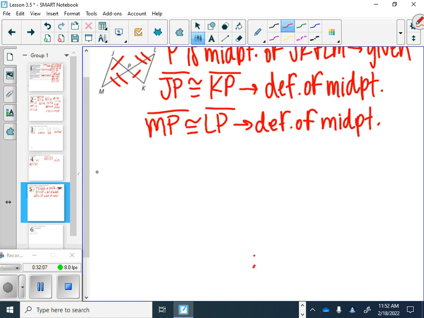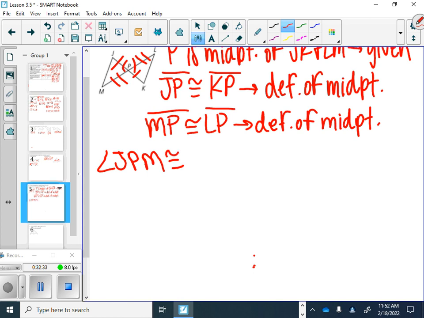Think about things we've talked about before, too. There you go. Okay. P is vertical. I've got intersecting lines, opposite angles. Okay. So I can say that angle JPM is congruent.